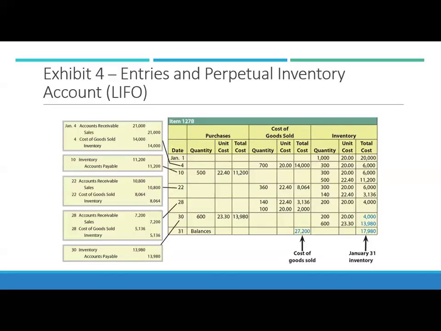That's less than 500 units that we had. And so we take 300 units times $20 and 140 units times $22.40. And that's our ending inventory. That's what we have left. Our cost of goods sold is higher because we're using the more expensive inventory that was more recently purchased. It's $8,064 at $22.40. And so then that's our cost of goods sold journal entry.